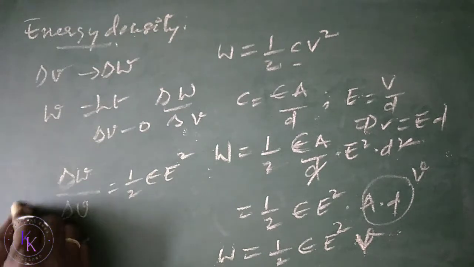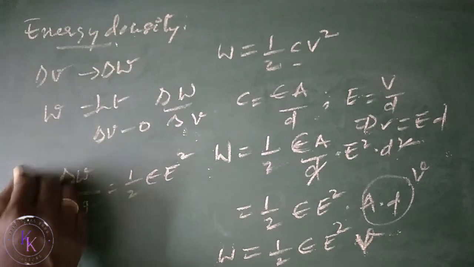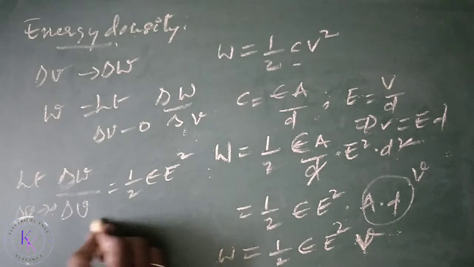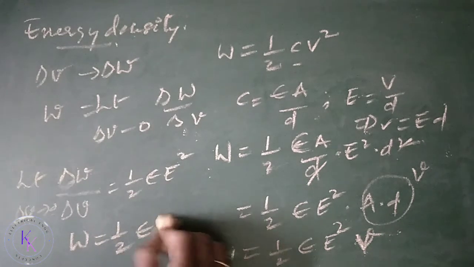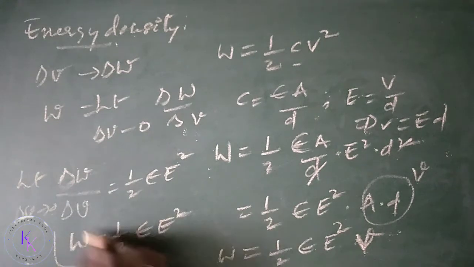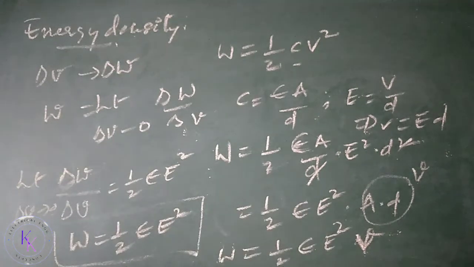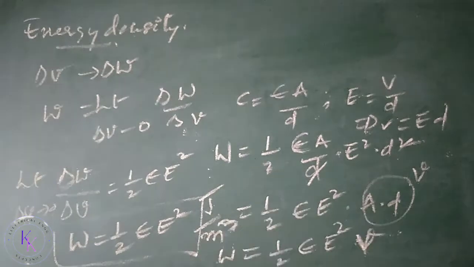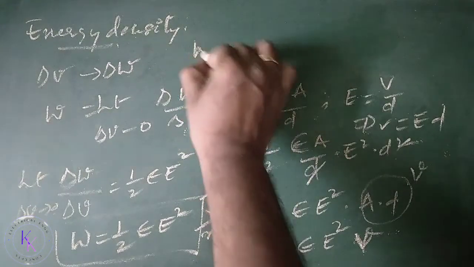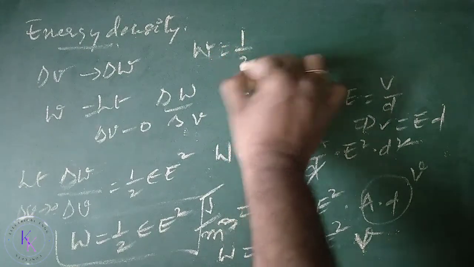Then when delta V tends to the limit 0, this equals W, that is half epsilon E square, the energy density, in joules per meter cube.